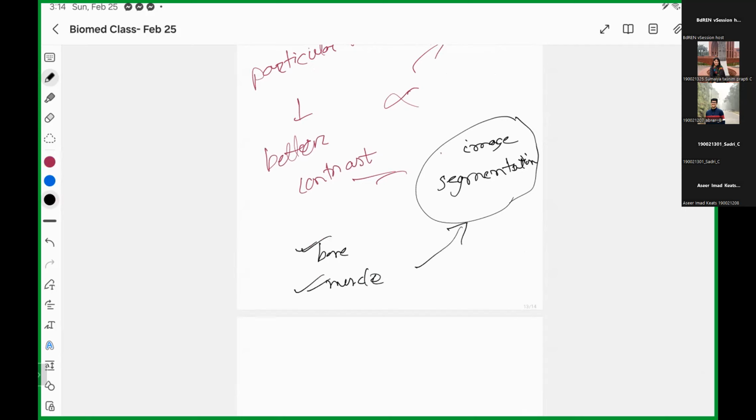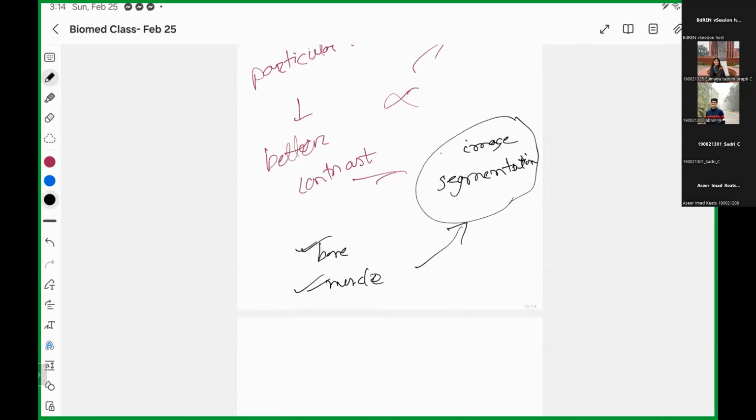This comes after your X-ray. After you form the X-ray image, you can perform processing tasks to achieve better segmentation between different regions.